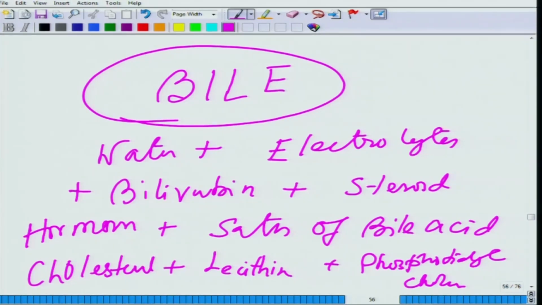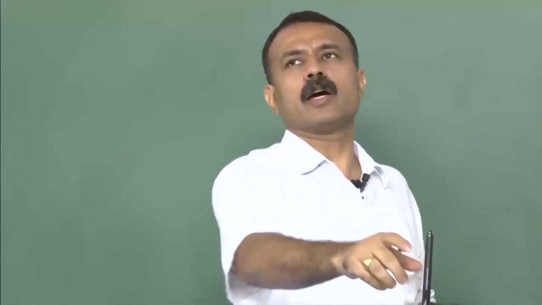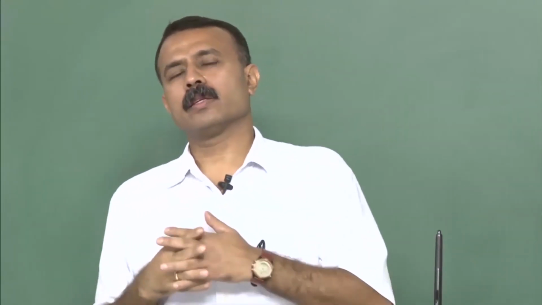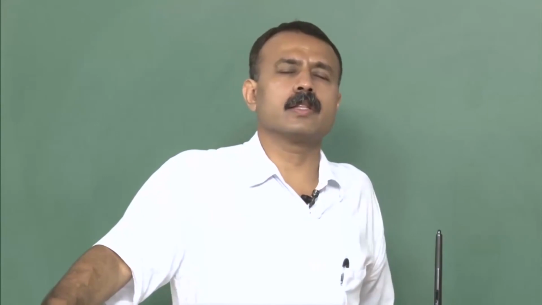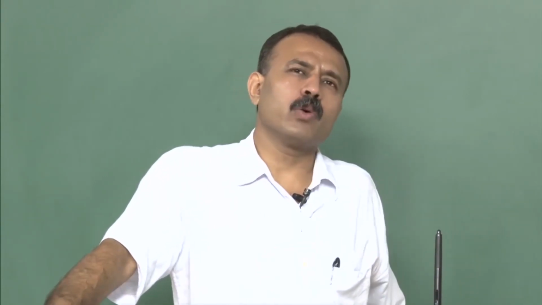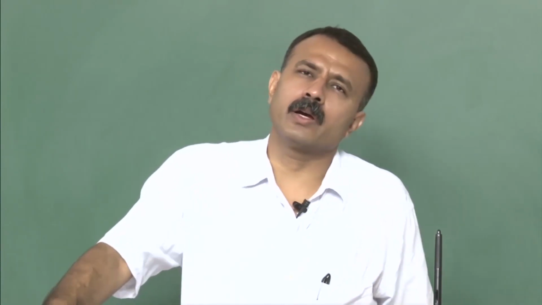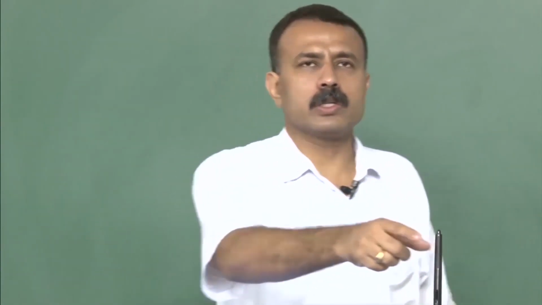So, it is a very complex mixture that is secreted by the liver in the form of bile, and this bile has a lot of fat emulsifying action, and it assists in the process of digestion. So, this is briefly about the role played by the liver, and then we are into the last tailpiece, which is about the large intestine.